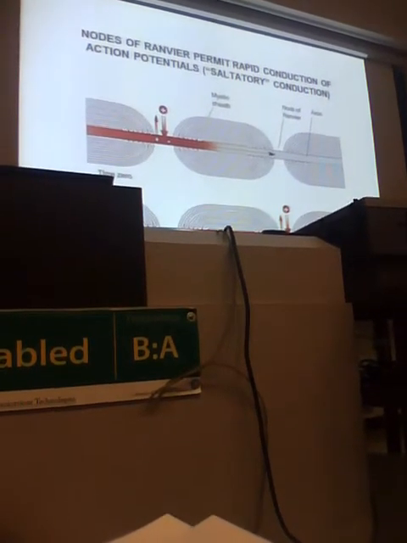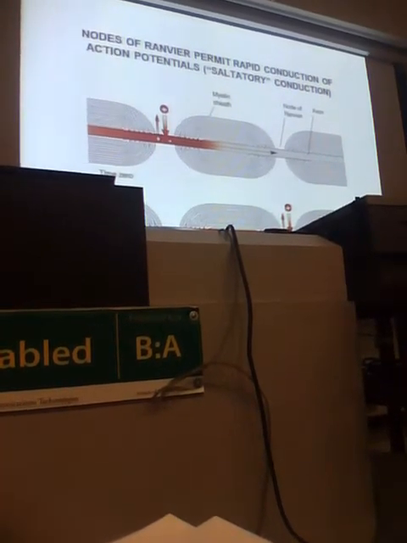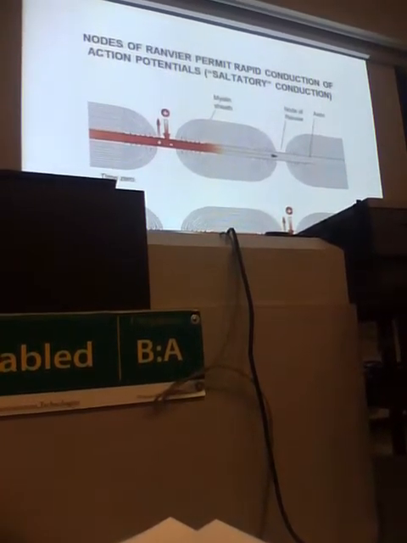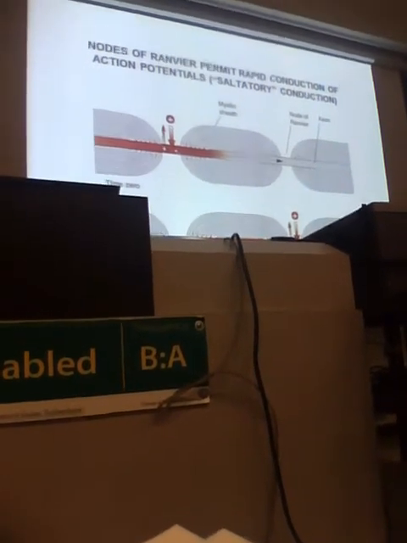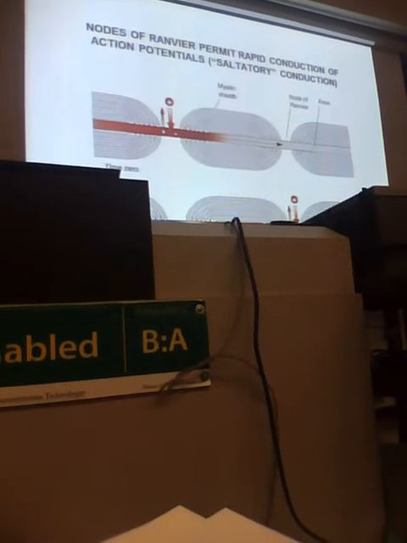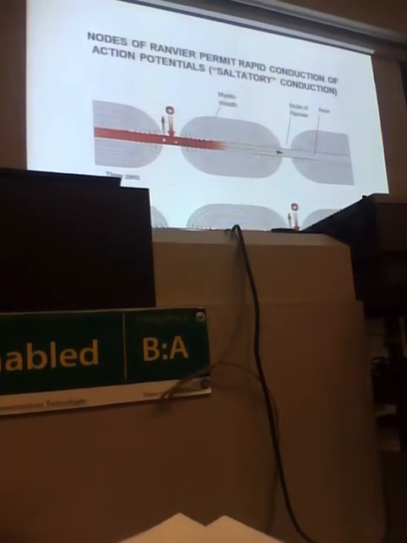So as a result, you get a faster conduction of action potentials along a myelinated axon than you would without the myelination. This is called saltatory conduction, where the action potential appears to jump from node to node. And that's the essence of saltatory conduction.